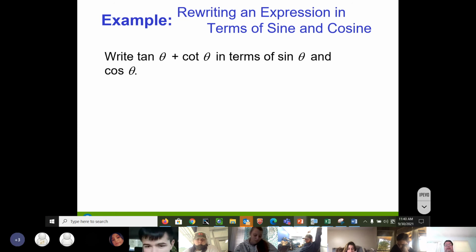Well, I told you a while ago that the tangent was equal to the what? Sine over the what? Cosine. Sine over cosine, right here.